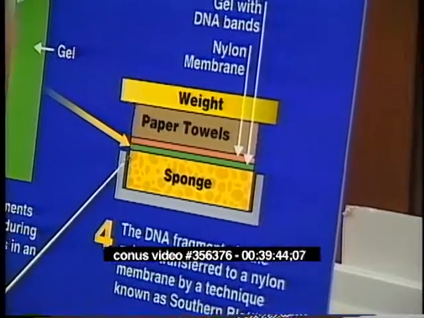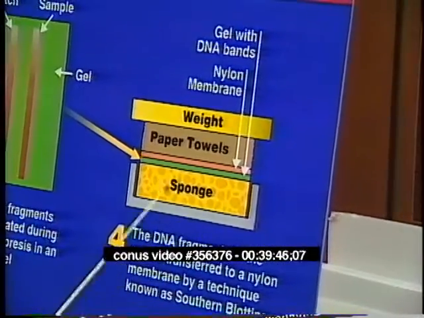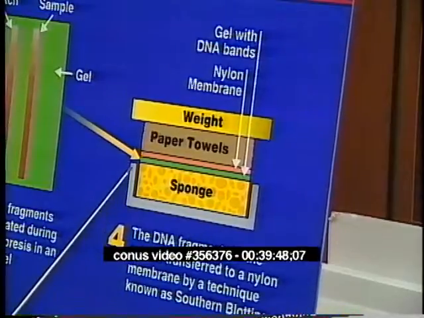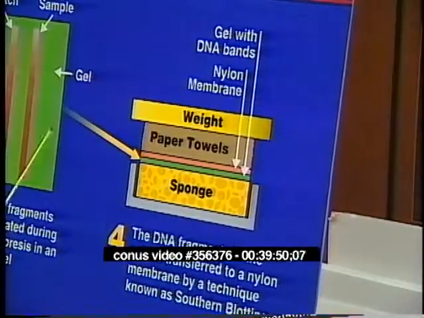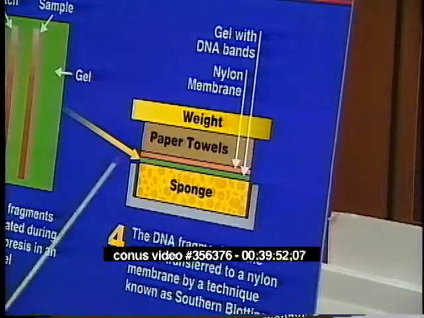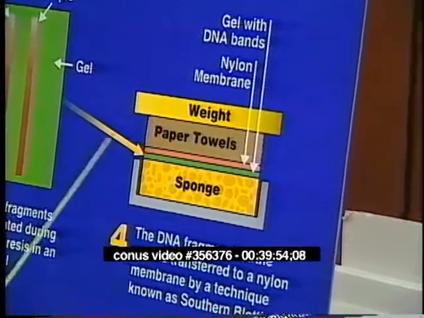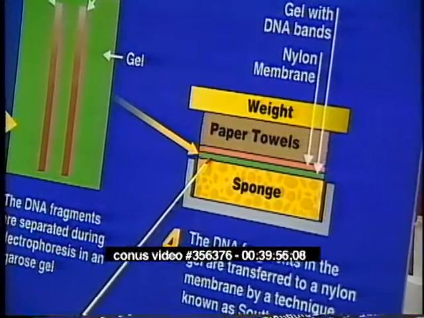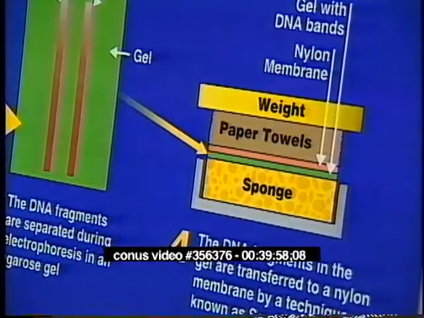And the sponge is soaked with some solution, and on top of the sponge you place the gel. So you can see the gel here is green, and you have a green layer here, that's the gel. Of course, the gel isn't really green, it's really kind of just whitish. And you can see that the membrane isn't really orange, but they made it orange.